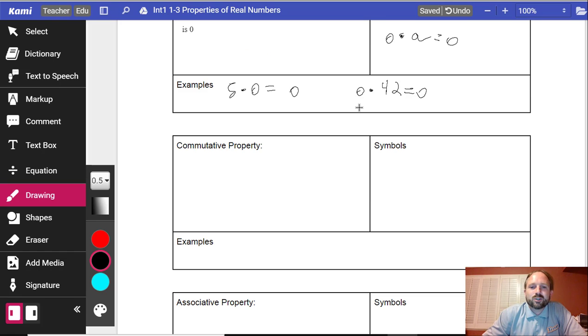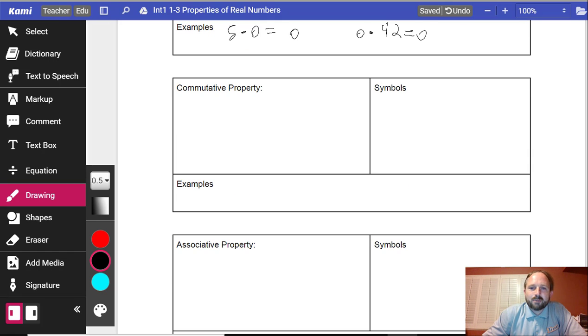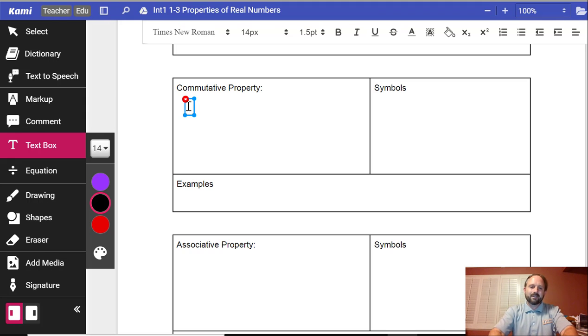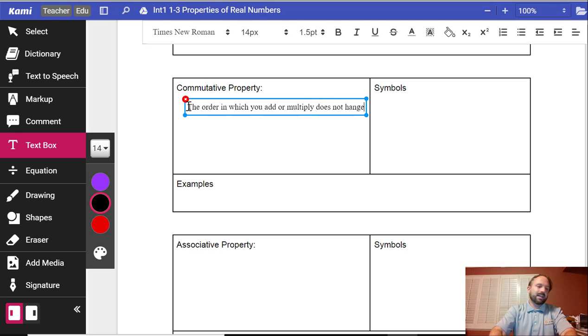Last two. Commutative property and the associative property. In 3, 2, 1. Okay. For the commutative property, the order in which you add or multiply does not change their sum or product.